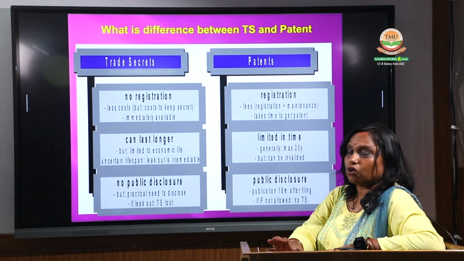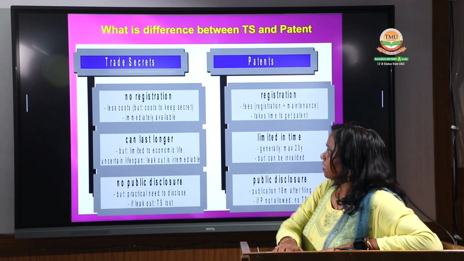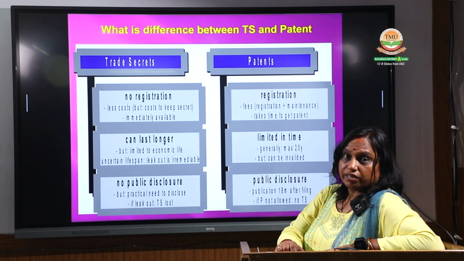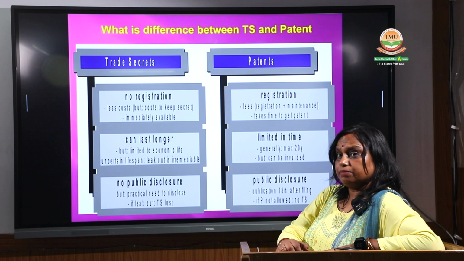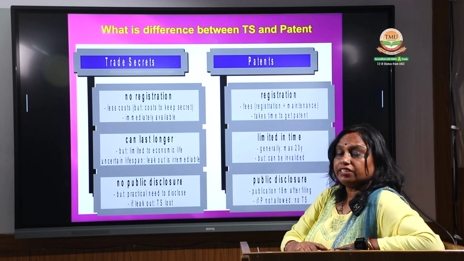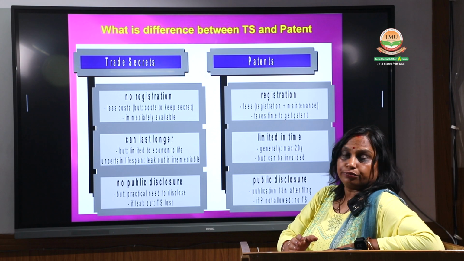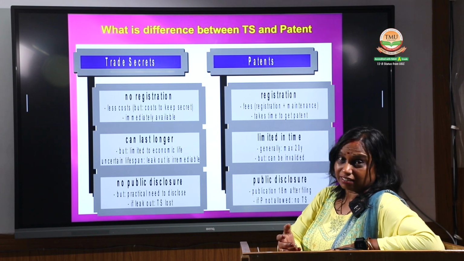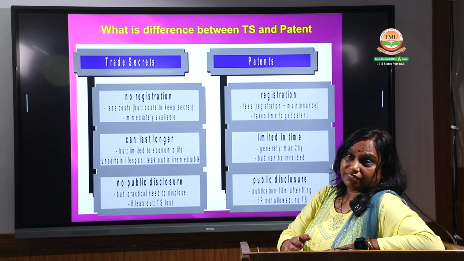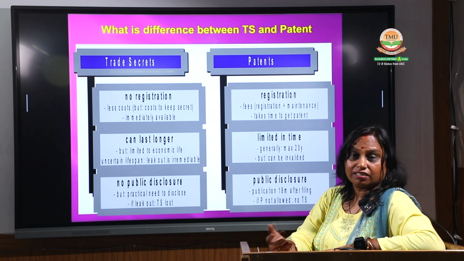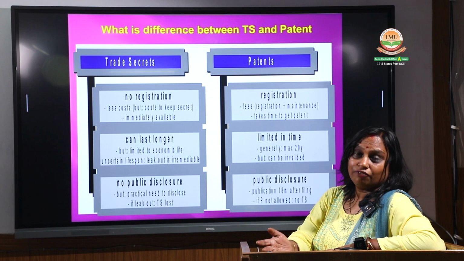It includes some cost. Second thing is, a trade secret can last many times longer as compared to a patent, because a patent is valid only for a period of 20 years. And if, in certain circumstances, the government has gone for compulsory licensing, then only for 3 years.